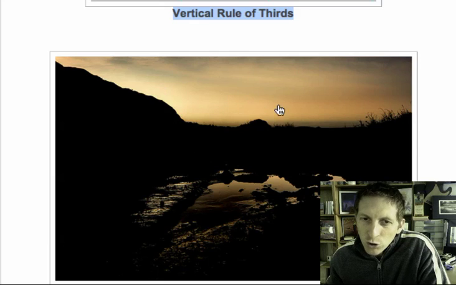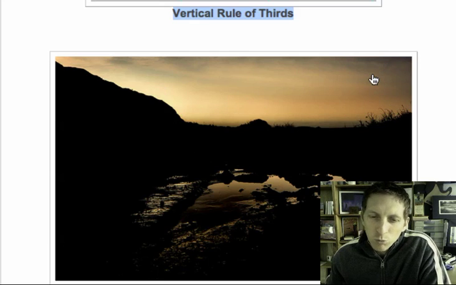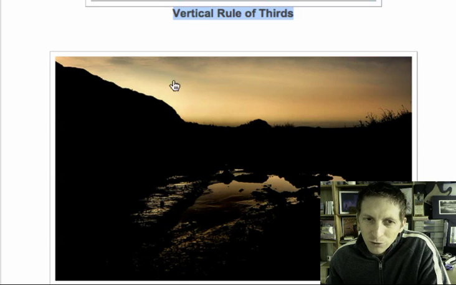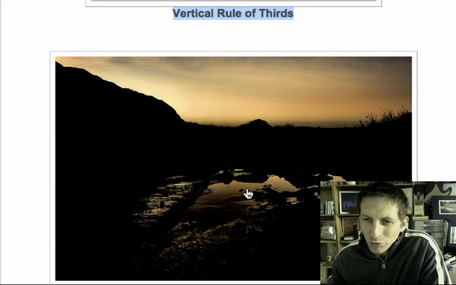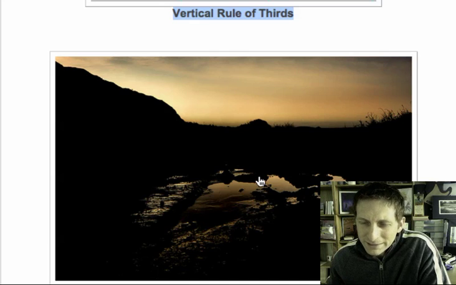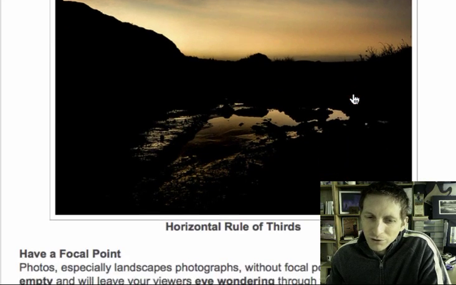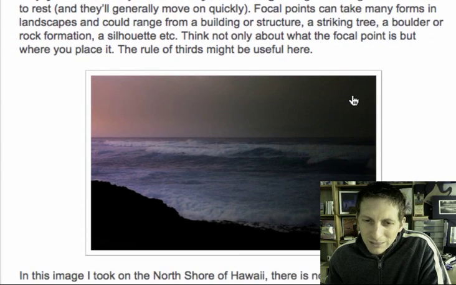Obviously, there's no obvious focal point, but naturally your eye will first go to this, which is mud after the rain during sunset. So your eye will probably go here, here, and then naturally be led to the top rule of thirds. But it's always good to have a focal point.